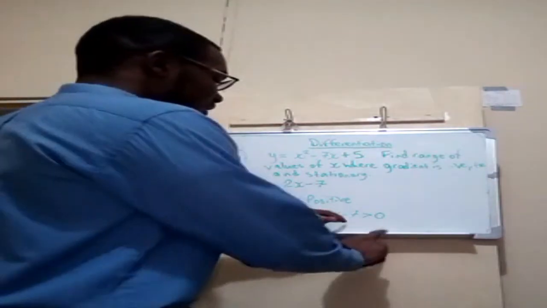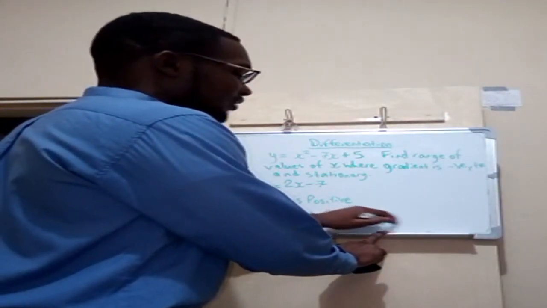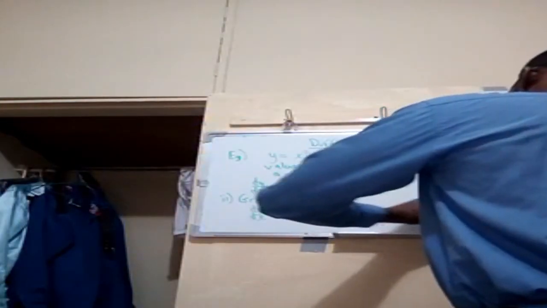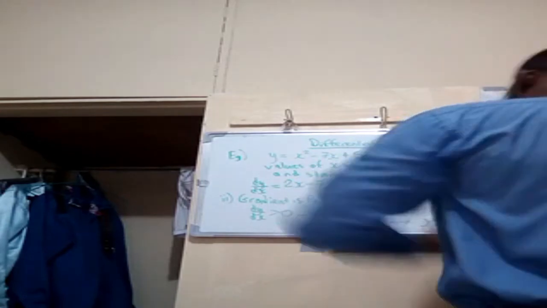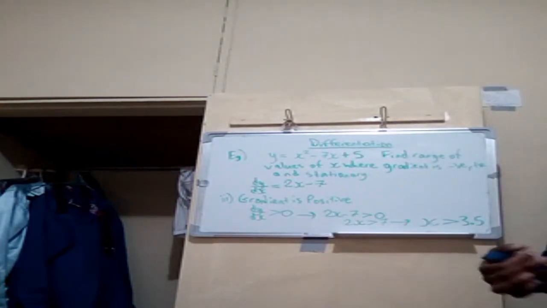So the gradient is positive when 2x is greater than 7, which is when x is greater than 3.5.